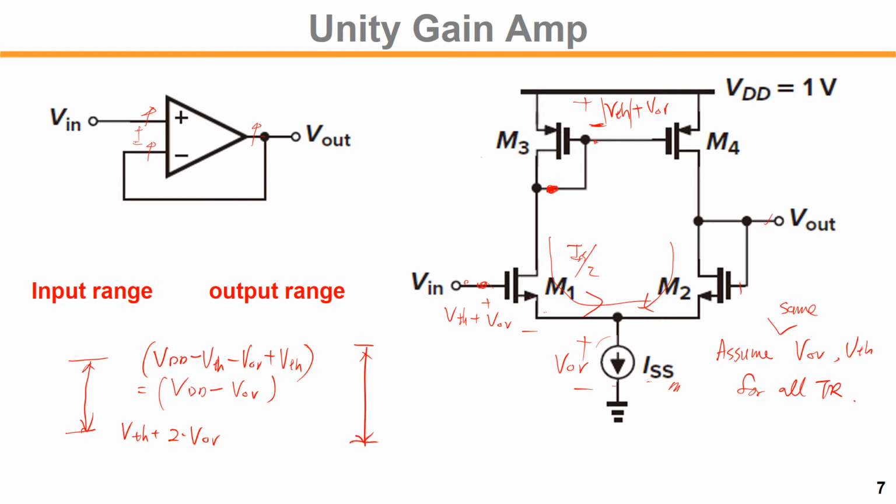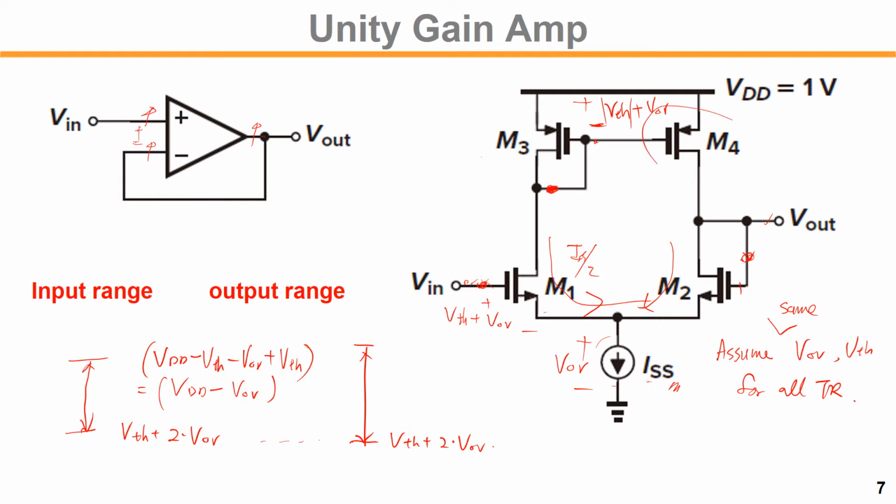For the output side, it's the same, because the input and output on the left and right are at the same voltage by the negative feedback, as long as the amplifier is alive. So this is the same minimum. What about the maximum? The maximum also follows the input.